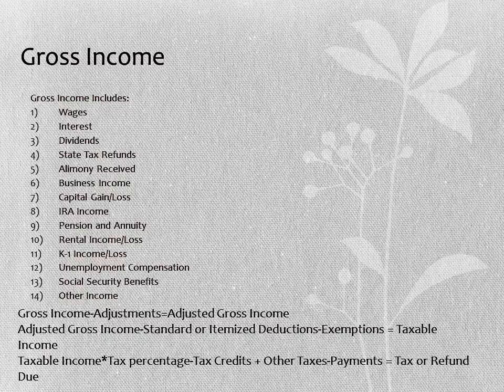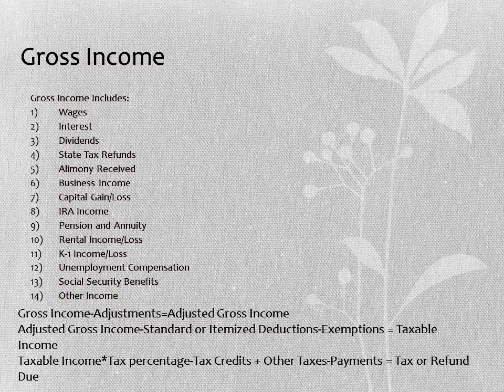Okay, and here are the different categories of gross income, and those can come from wages, interest, dividends, tax refunds, alimony received, business income, capital gains or losses, IRA income, pension or annuity, rental income or loss, K-1 income or loss, unemployment compensation, Social Security benefits, and other income.